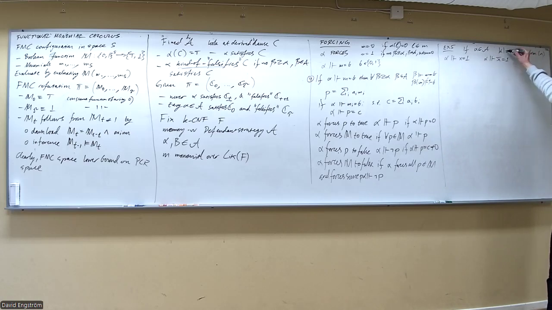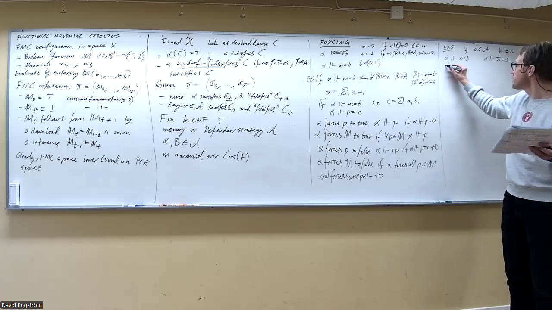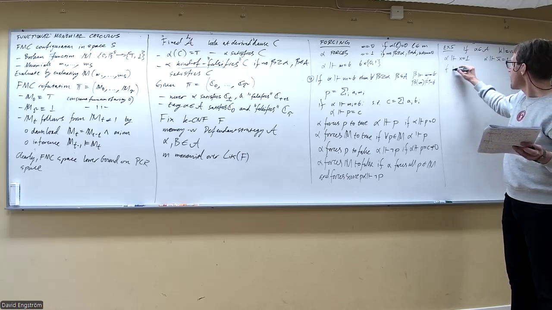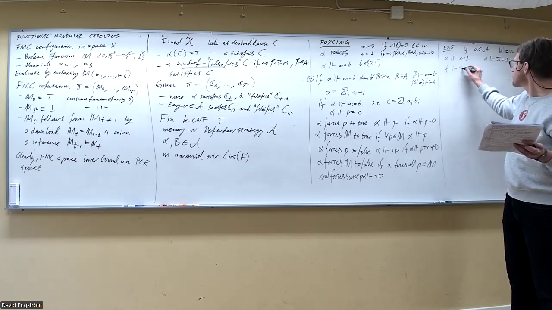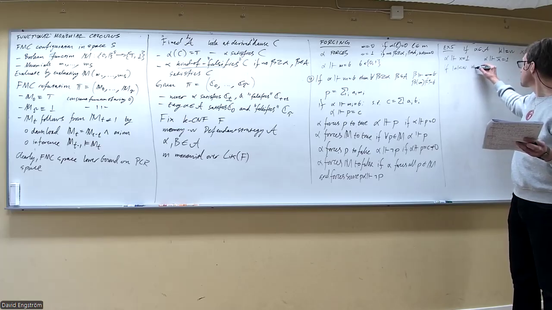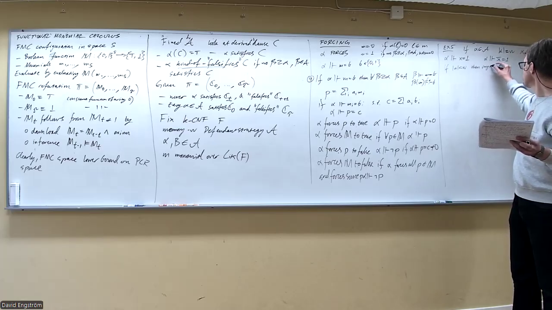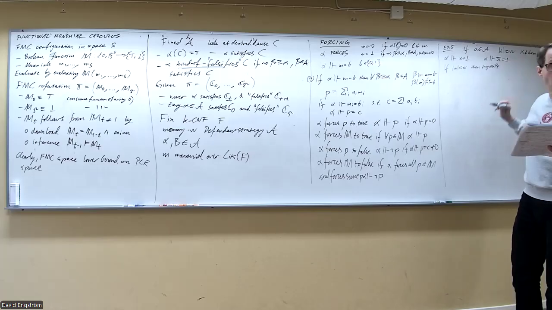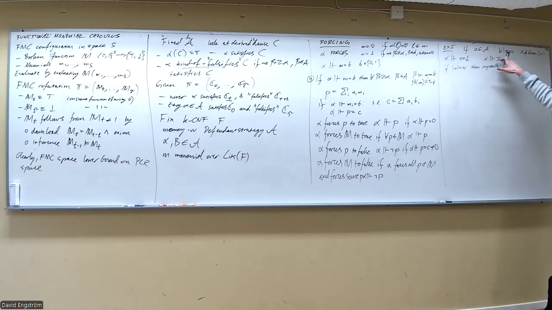However, note that I'm crucially using that I'm at the boundary. If I would have a strict inequality here, if alpha is strictly less than b, then this is impossible. This could never ever happen.